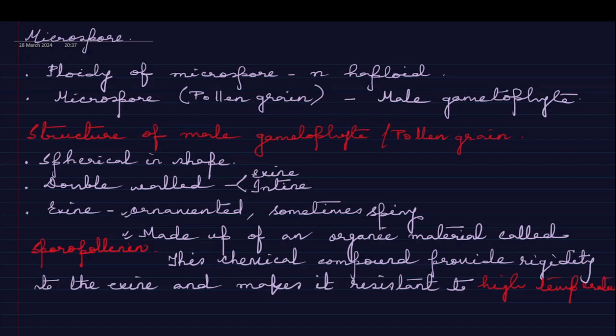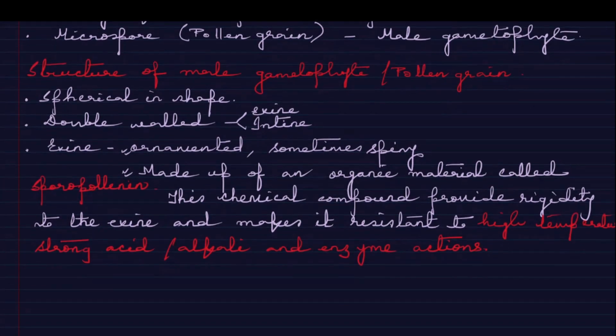Then strong acid and alkali. And enzyme actions. This makes the pollen grain rigid and the pollen grain cannot be degraded easily, and so it becomes a good fossil.